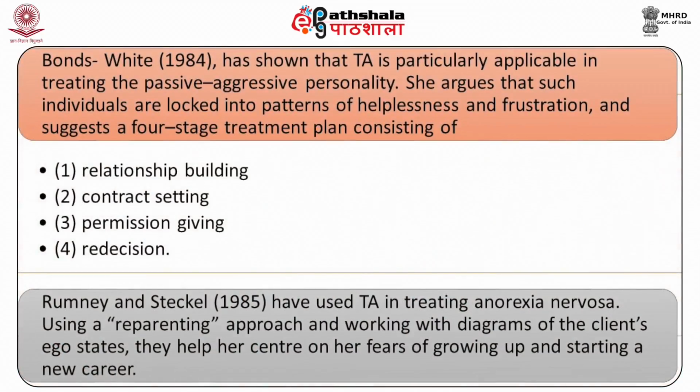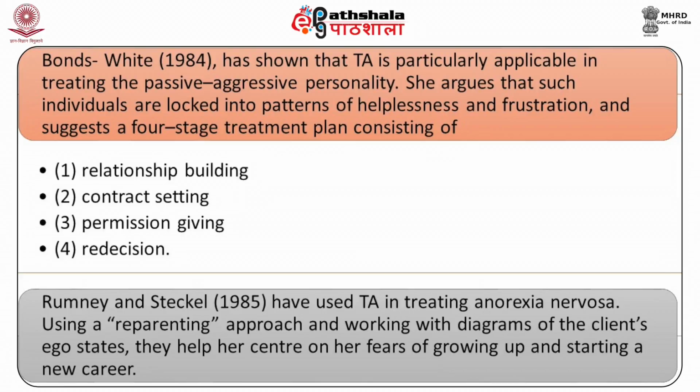Bonds White in 1984 has shown that transactional analysis is particularly applicable in treating the passive aggressive personality. She argues that such individuals are locked into patterns of helplessness and frustration, and suggests a four-stage treatment plan consisting of relationship building, contract setting, permission giving, and redecision.